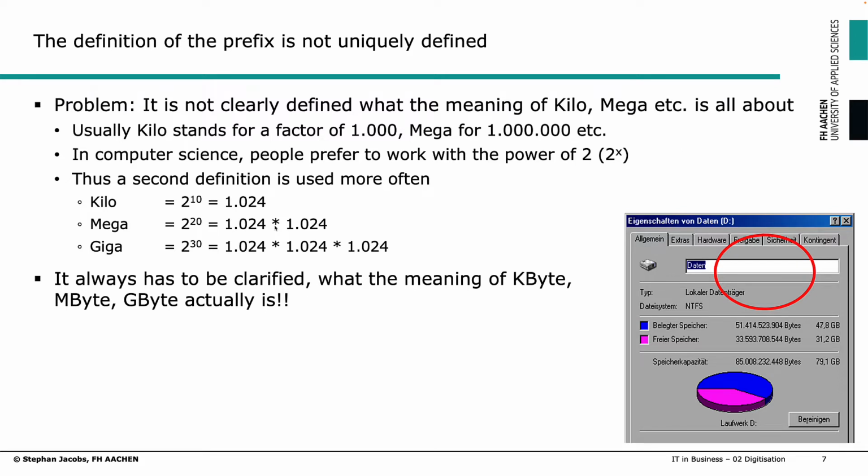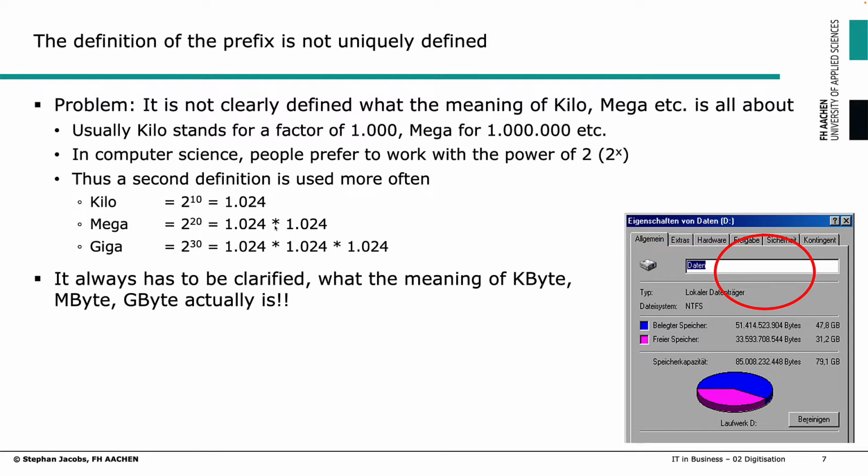Kilo is 2 to the power of 10, which is 1024. So it's not that far away from 1,000. Mega is 2 to the power of 20, which is 1024 times 1024. A giga is 2 to the power of 30, and so on.